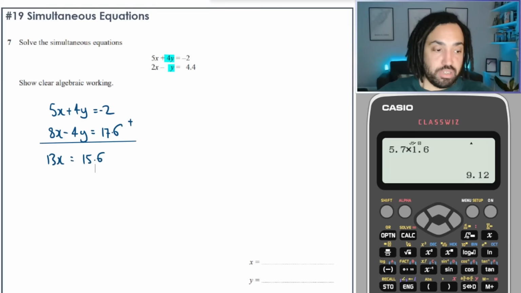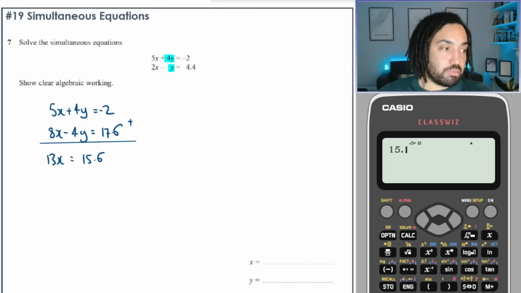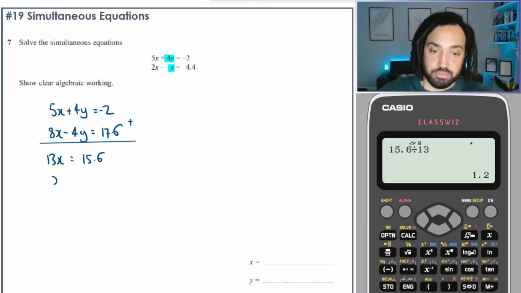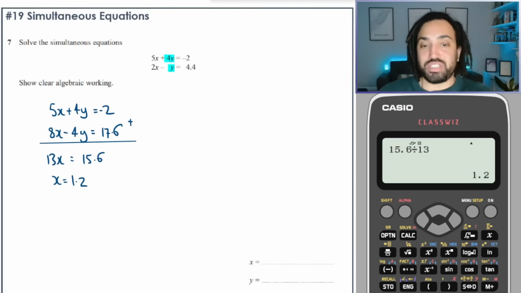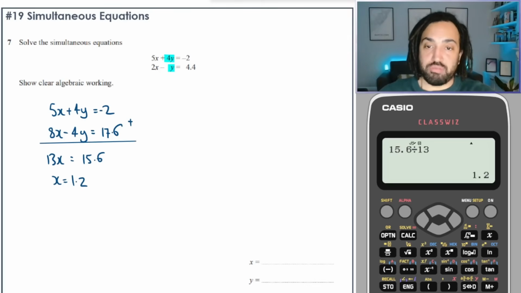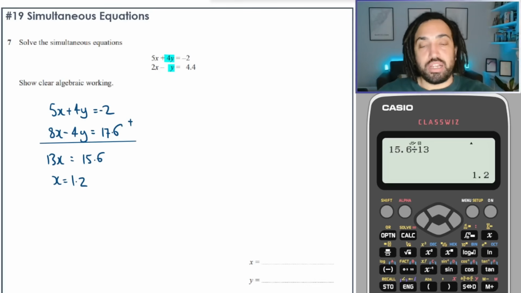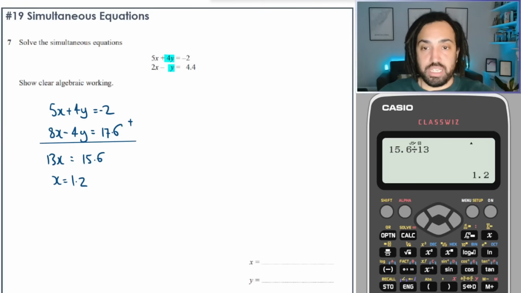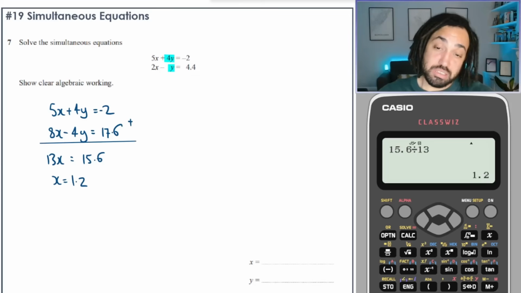I'm going to have to do that division on my calculator, but I reckon that's 1.2. Nice. Come on. X equals 1.2. Now that needs to be substituted back into one of the original equations. I'm going to go with the bottom one.